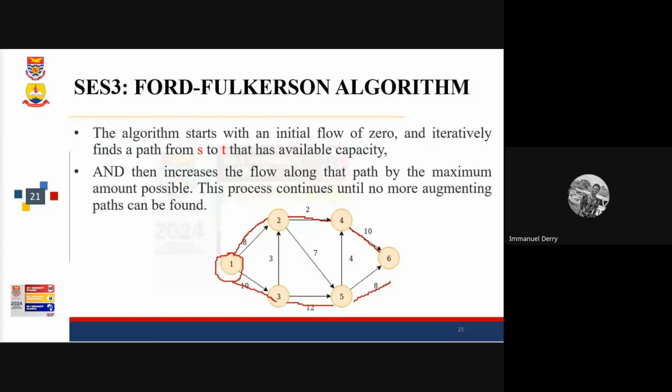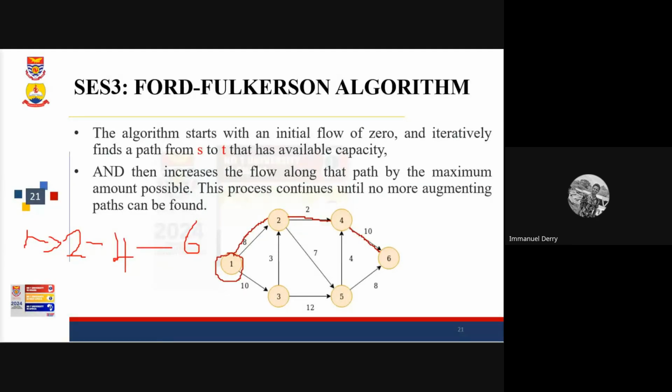So as soon as you identify the augmenting path, you write the path down, and then you note the least capacity on the edges. Let me identify the least capacity here and write it. I have 1 to 2 to 4, and then to 6.